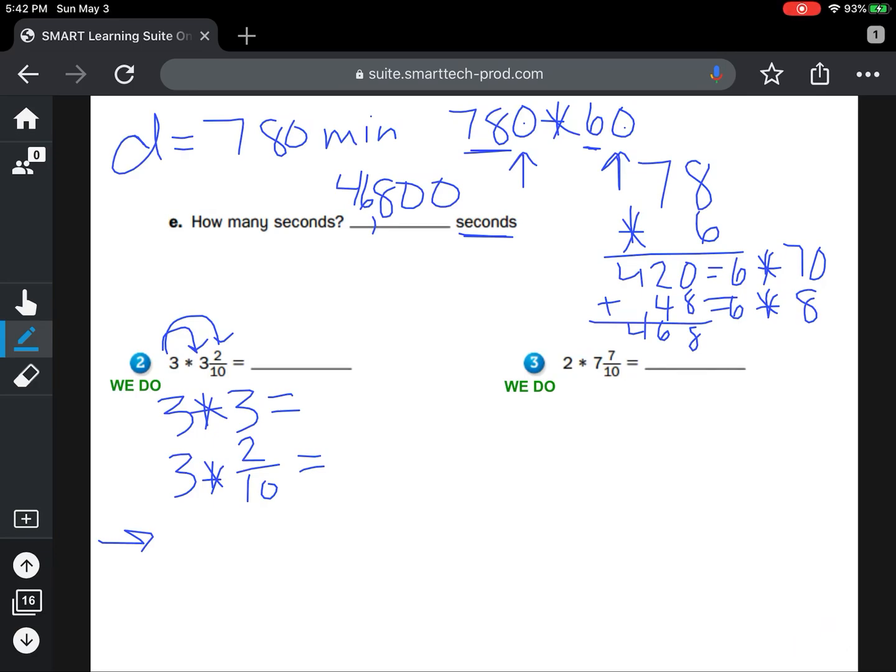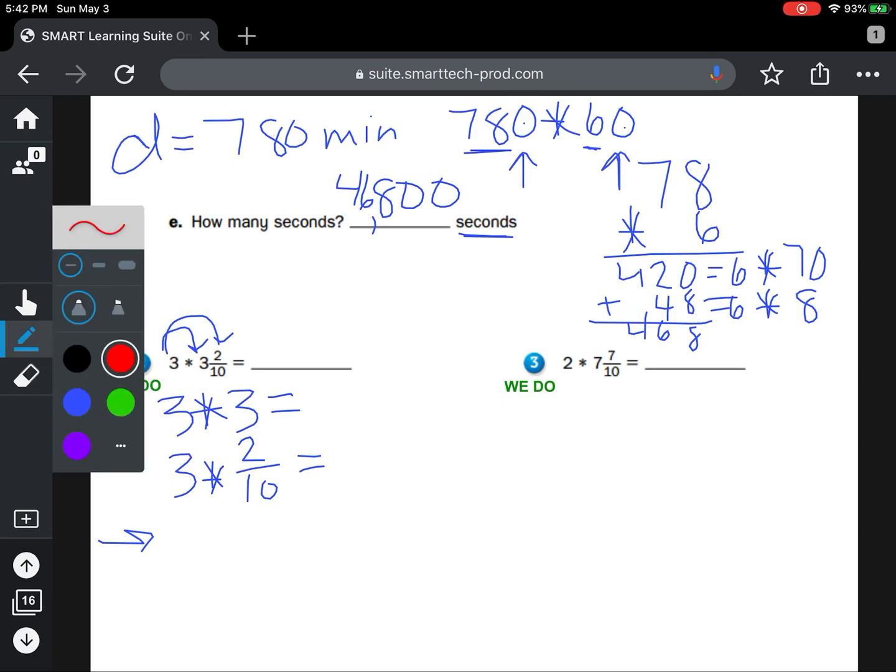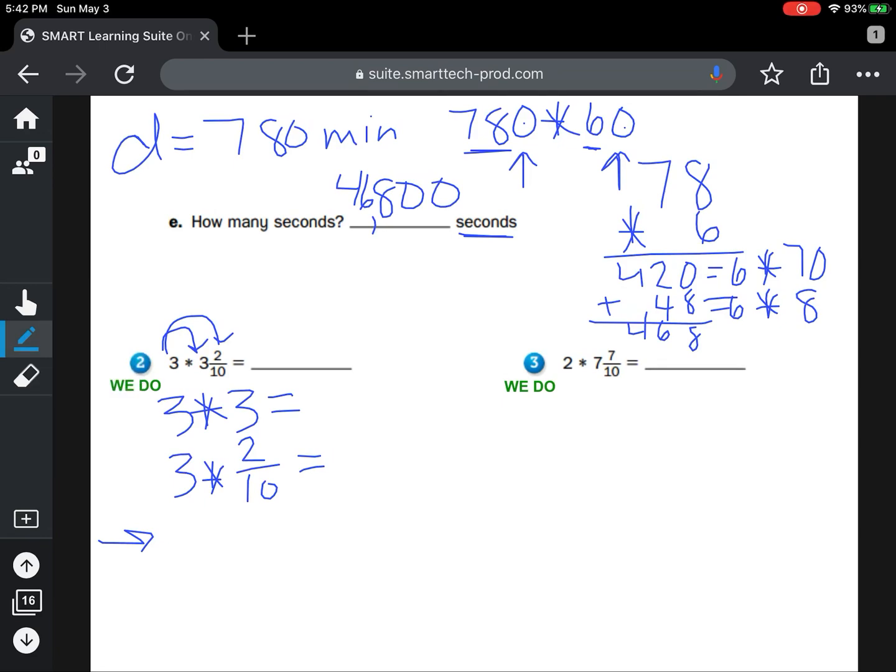And remember, anytime that you get an improper fraction as your answer, you have to convert it to a mixed number. You'll do the same process for number 3. You'll multiply your whole numbers, so 2 times your 7, then multiply your whole number times your fraction, 2 times 7/10.